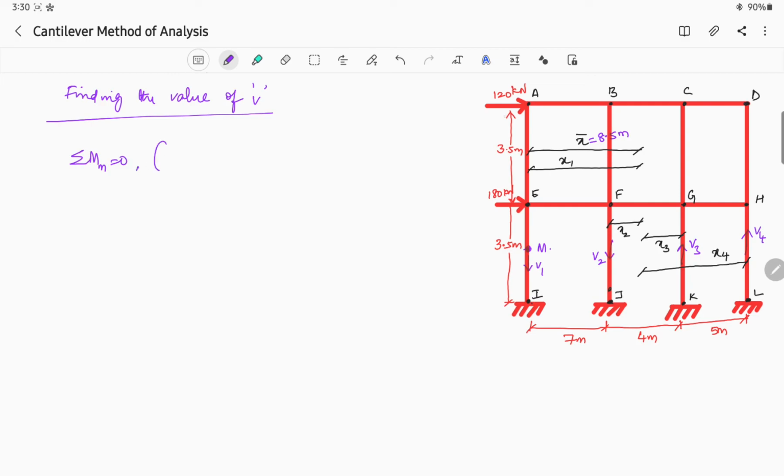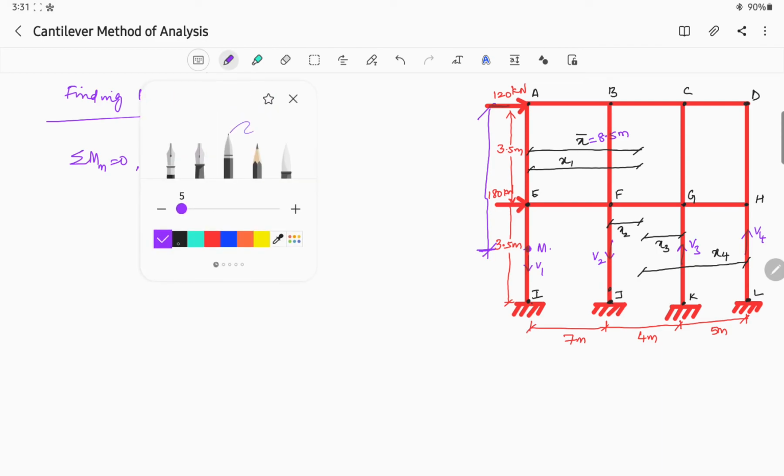That implies we have this 120 kilonewton load, which is at a total distance of 3.5 plus half of 3.5. You will get some value here to here. So 120 into 5.25.